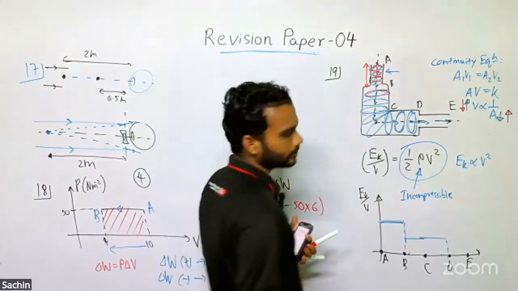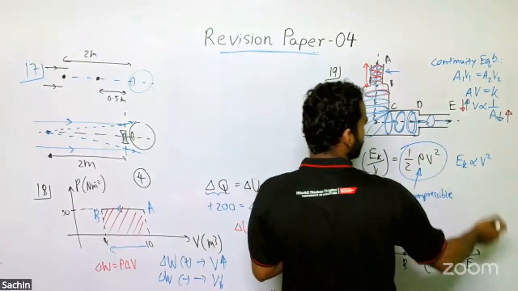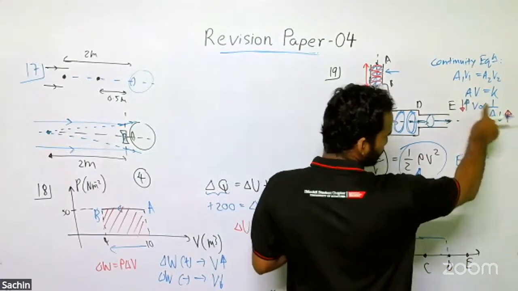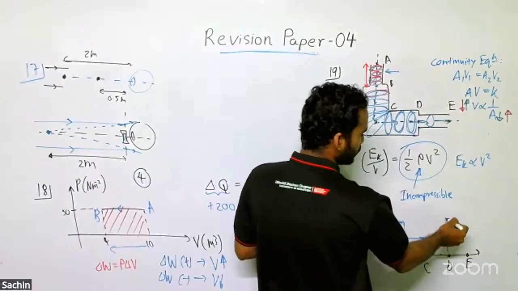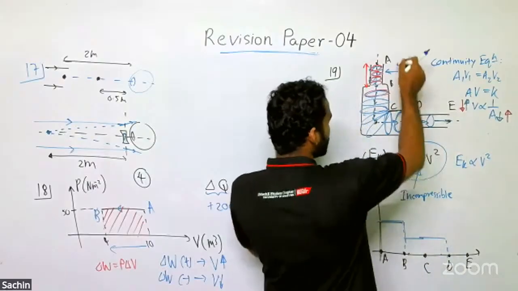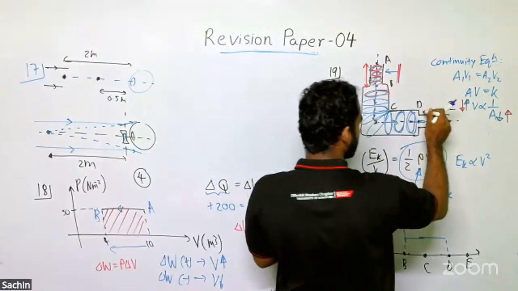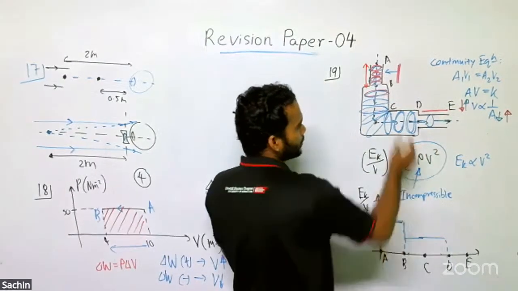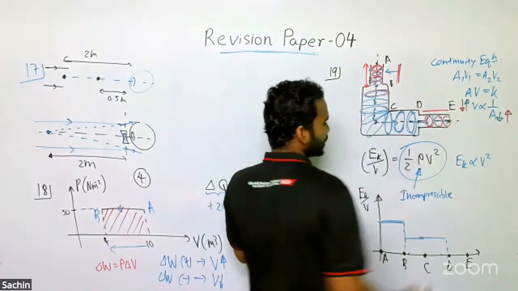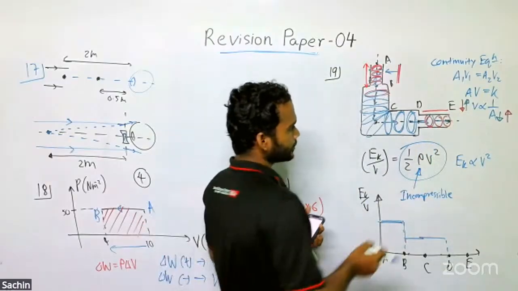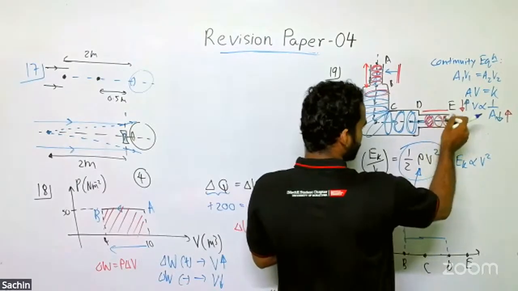And after D, what will happen? After D, the cross section will be lower. Lower cross section means higher velocity. Higher velocity means higher kinetic energy per unit volume. Again, if you compare the region between A and B and the region between D and E, in both cases, if you compare the cross section by the naked eye, it is kind of equal, right?